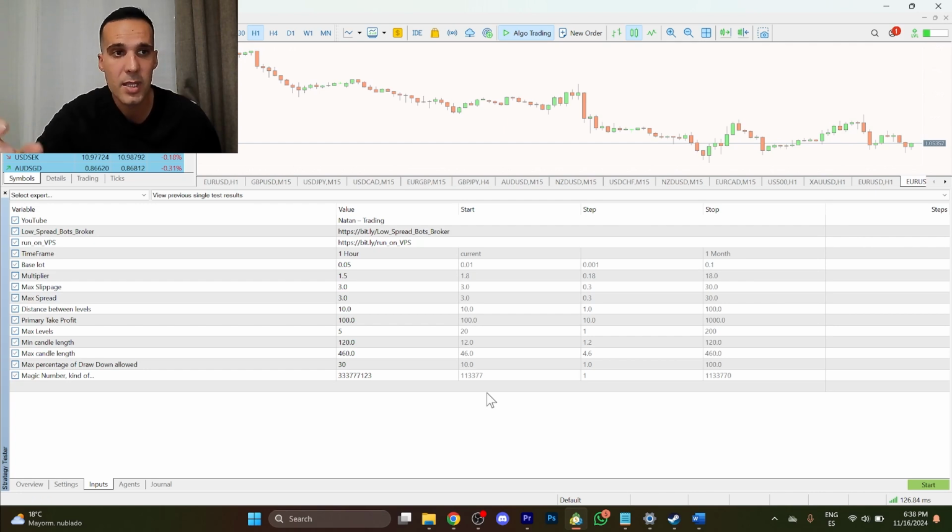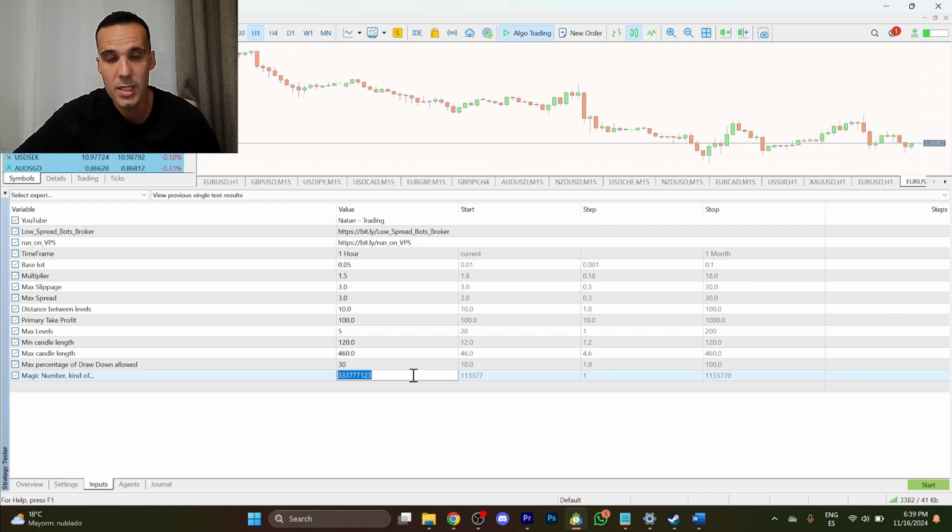It doesn't matter if, for example, you change the bot to a new version. Since you are using the same magic number, the new version of the bot will manage the old trades that are open by the previous version. So just make sure you're always working on the same magic number.